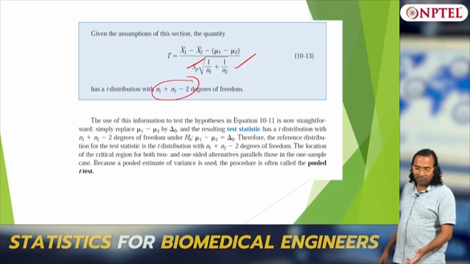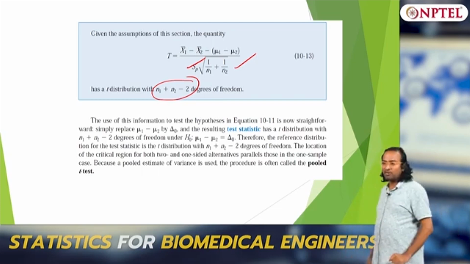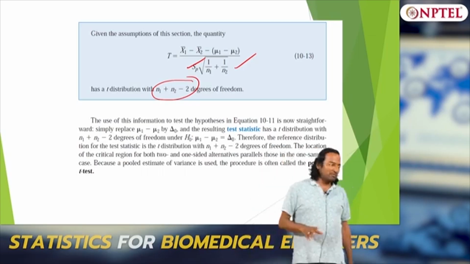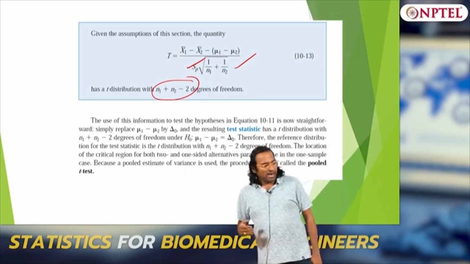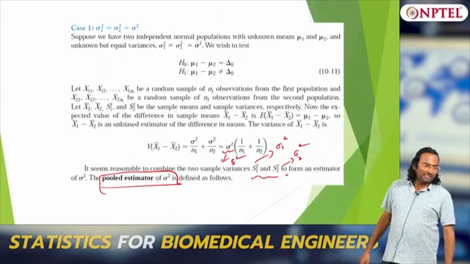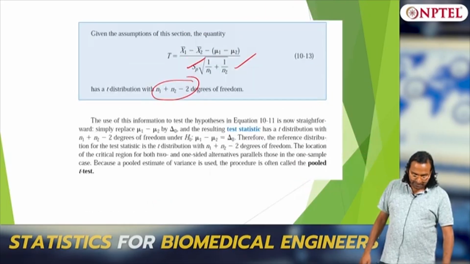If you collect more than 15 samples in each group it automatically becomes a normal distribution, because the T distribution with more than 30 degrees of freedom is normal. So the underlying population is normal, and in the first case you are assuming both the variances are the same. Then you have what is called a pooled estimator and you have a test.